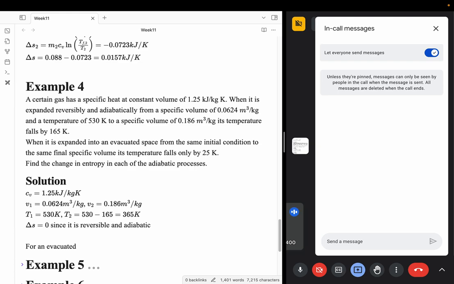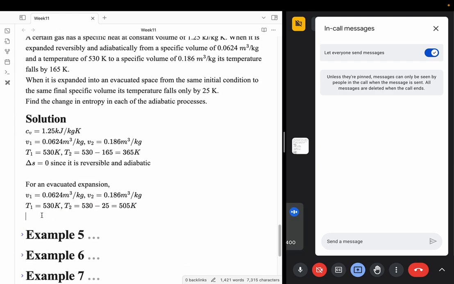Okay, so why are you calling it a polytropic process? So I know V1, V2, I know T1, T2. So how do I calculate delta S?